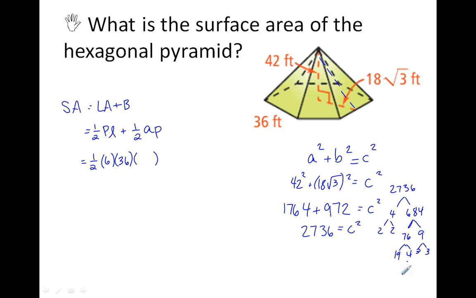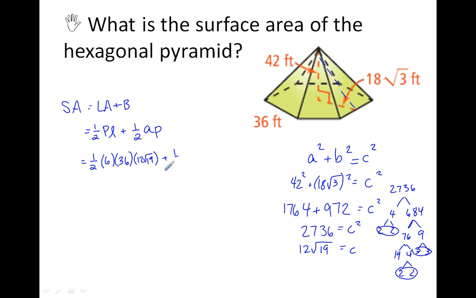It goes into it 19 times. 4 is 2 times 2. So I have 1 pair of 2s, 2 pair of 2s, a pair of 3s. So I'm going to have 2 times 2 times 3 on the outside, so I get 12. On the inside is 19, and that is my c. So my slant height is 12 radical 19.